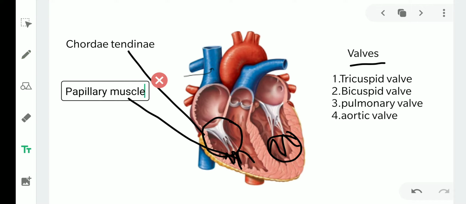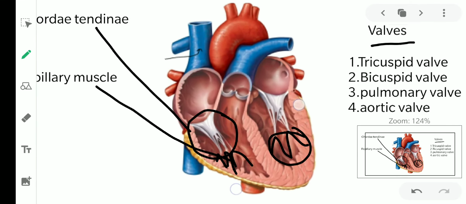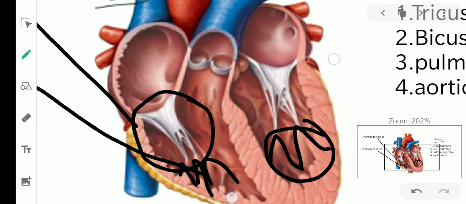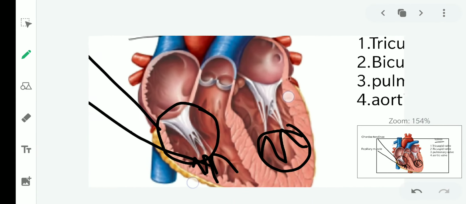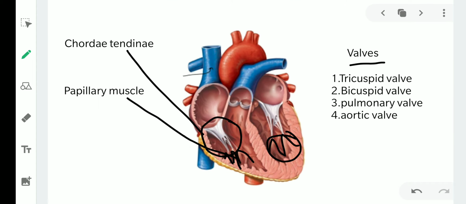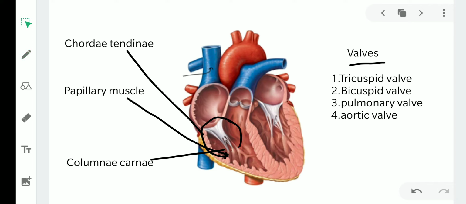So it connects the atrioventricular valves. And next, some projections in the ventricle. If we take a deeper look, we will see some projections in the ventricle. They are known as columnae carneae. Basically the columnae carneae maintain the stiffness.